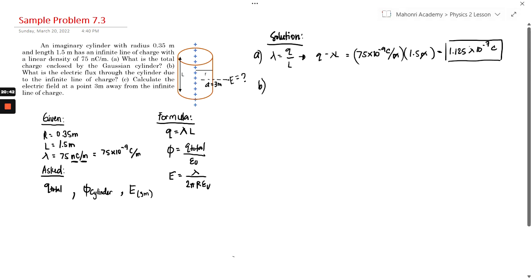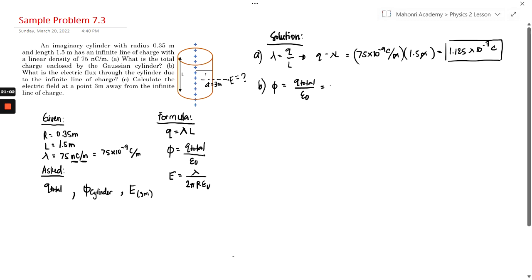And this is easier because we now know how much charge is inside our cylinder. So in order to find this, we just have to use the equation: flux is equal to Q total divided by epsilon naught.